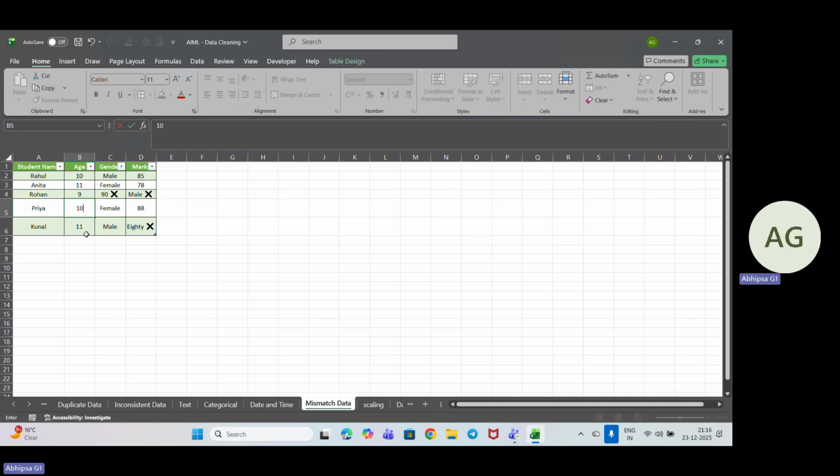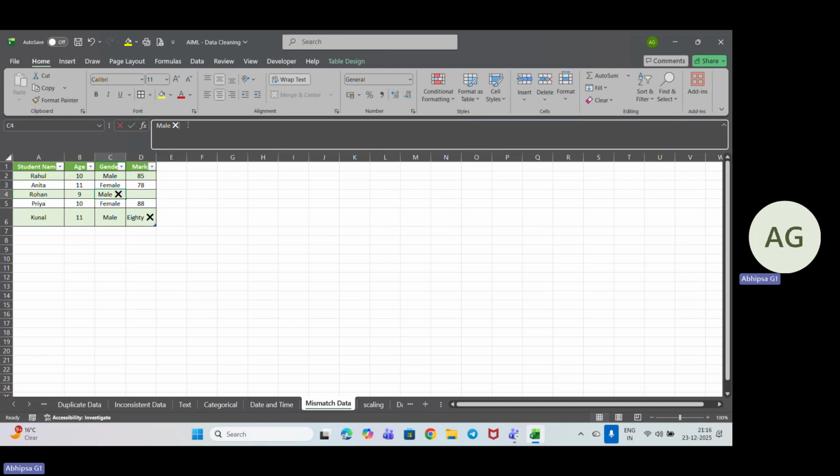Okay. Now, coming down, we have the other values around this male and gender. That is also a mismatch. So Control X, Control V, and we will replace it. And here this value was 90, so we'll put it 90 like this. Again, 80 and male. This 80 is an inconsistency in the data, so we'll just fill it accordingly.